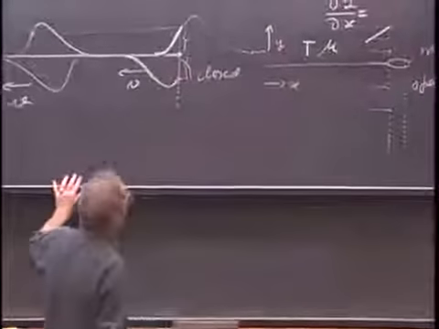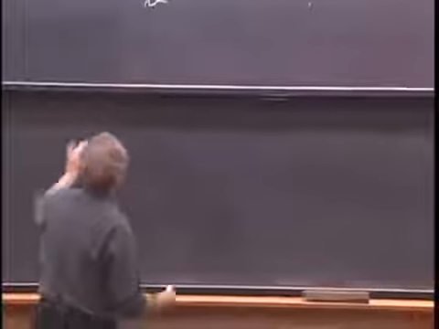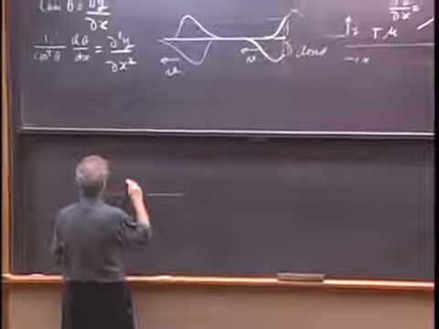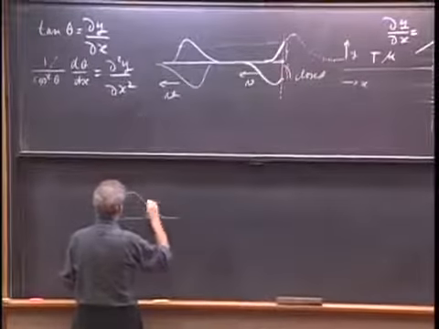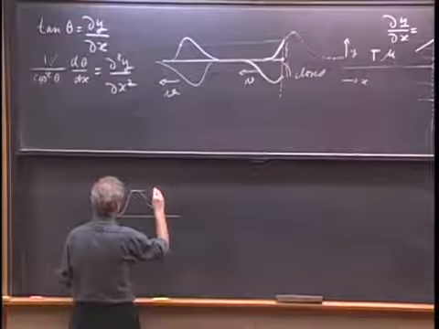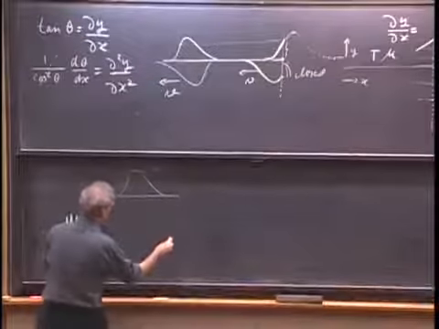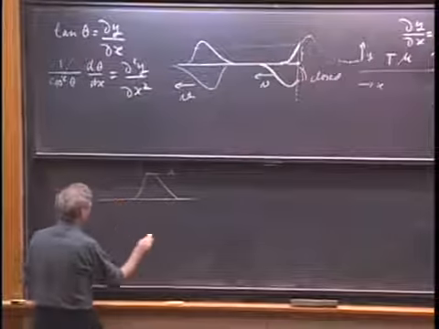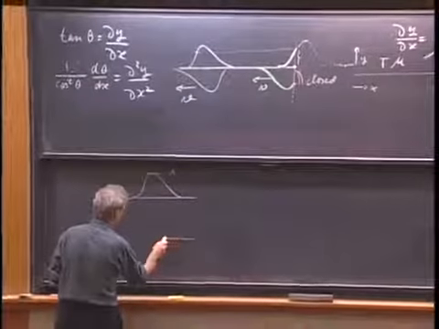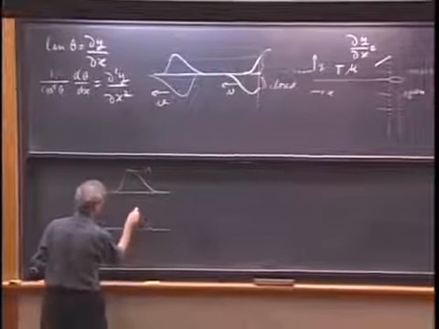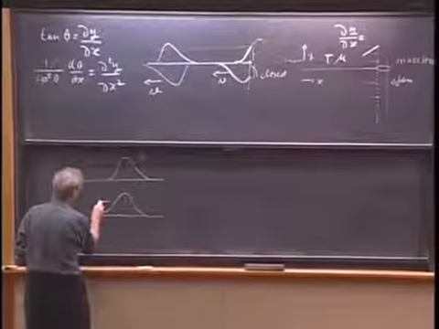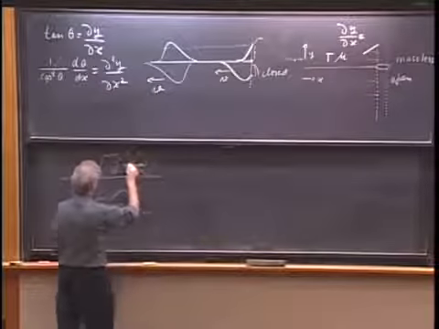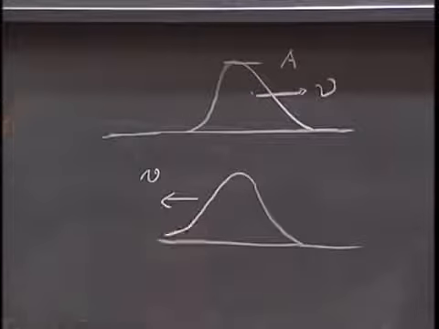And when you have an open end, and this is the pulse that comes in, say has amplitude A, then what comes back at some point in time is again a mountain going in this direction with speed v. This comes in with speed v. We call that the incident pulse, and this we call the reflected pulse.